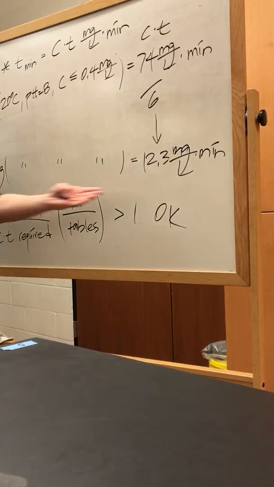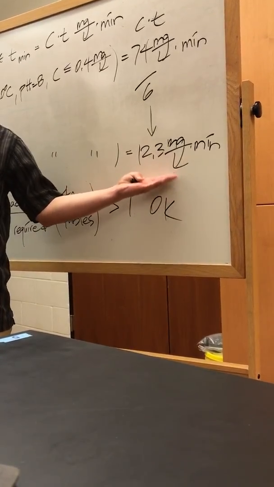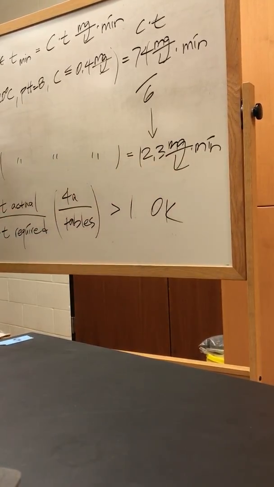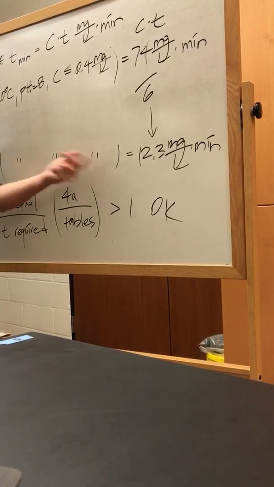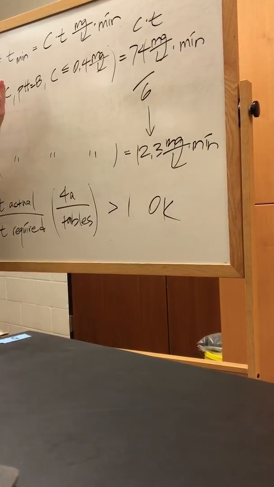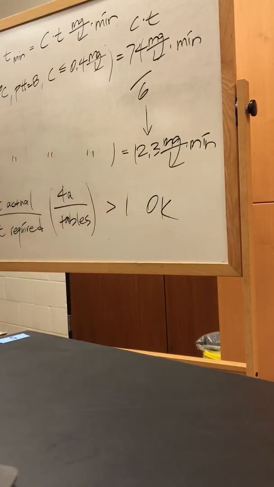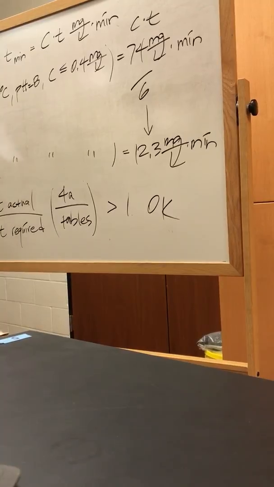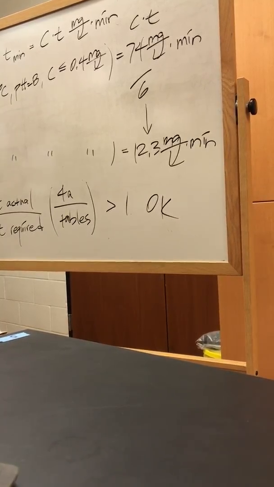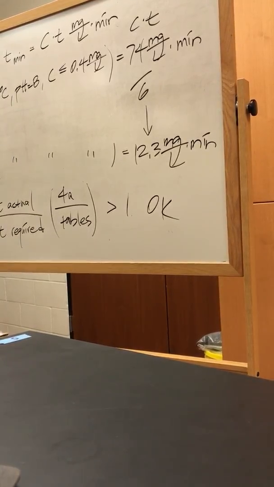So the question is, how do you get the CT associated with that? You have the same conditions, still 20 degrees C, pH of 8, your concentration's still the same, but you don't have it on your table. If you had a table with 0.5 log removal, you'd be good, but you don't. But what you can use is a ratio.